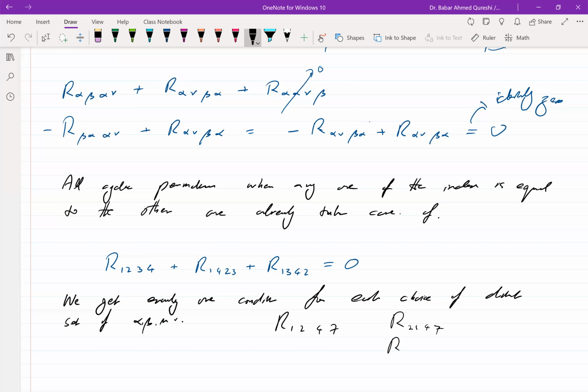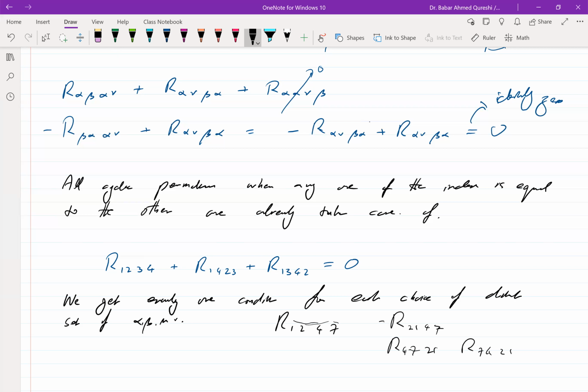Then I can do this pair exchange, bring 7 in front. So it doesn't matter. By repeated use of previous properties, you can start with any one of them. So each choice of a set of distinct indices gives me exactly one condition.